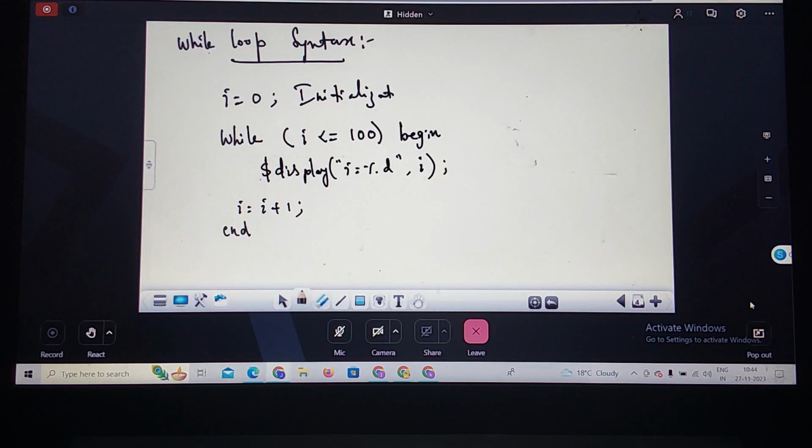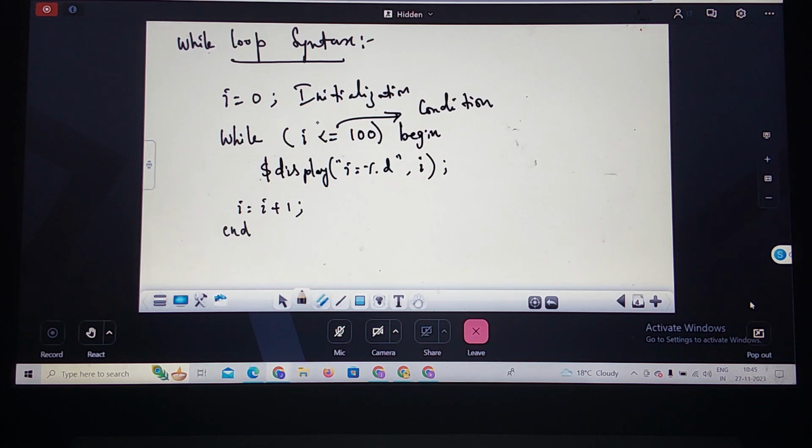So this is the initialization, and this is the condition, which is that i is less than or equal to 100. If i is equal to 0, the condition is evaluated as 0 is less than or equal to 100. This expression is true, meaning it evaluates to logic 1.